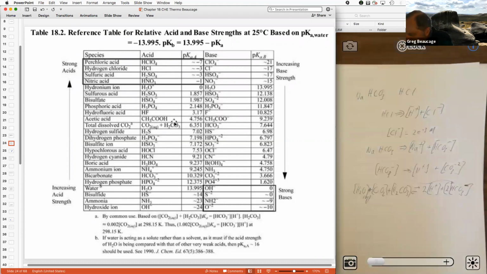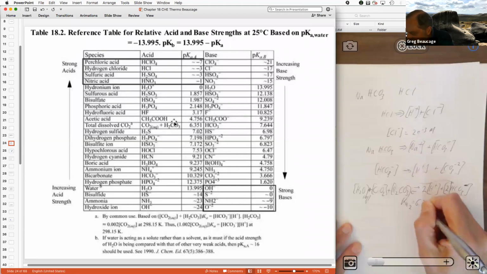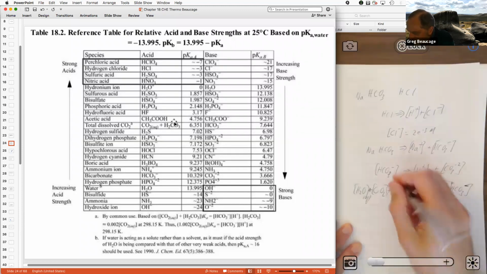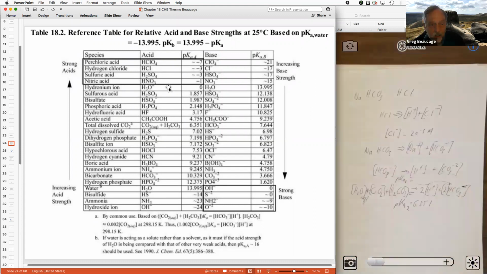So this is Ka2 equals 6.351, or pKa2, and then pKa1, HCO3 minus to CO3 minus 2, is 10.329.